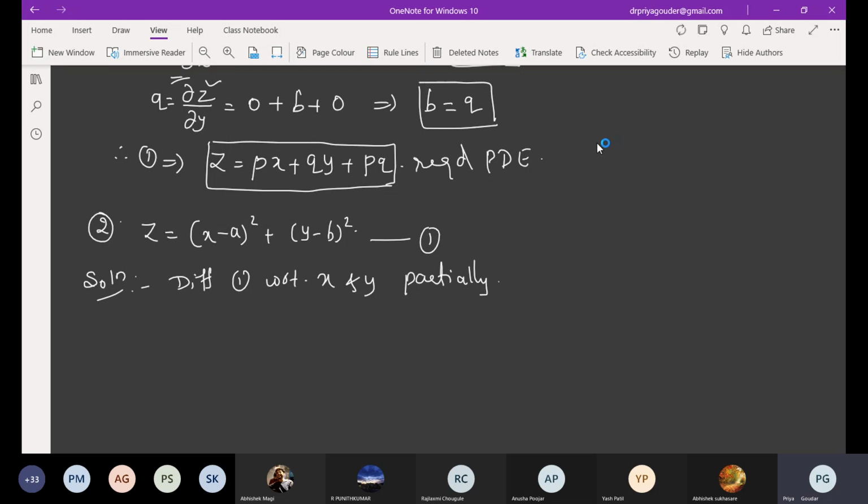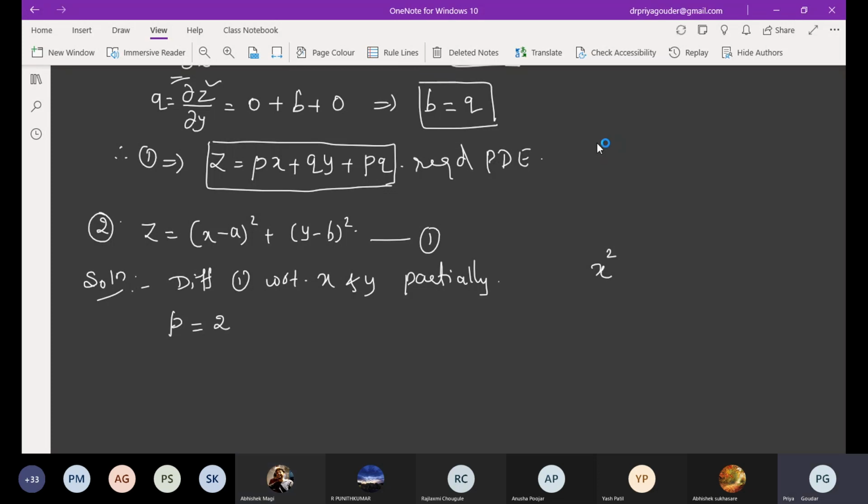What is the derivative of z then? ∂z/∂x, which is denoted as p. Clear? Now what is the derivative of (x minus a) the whole square with respect to x? How do you do it for x square? 2x.